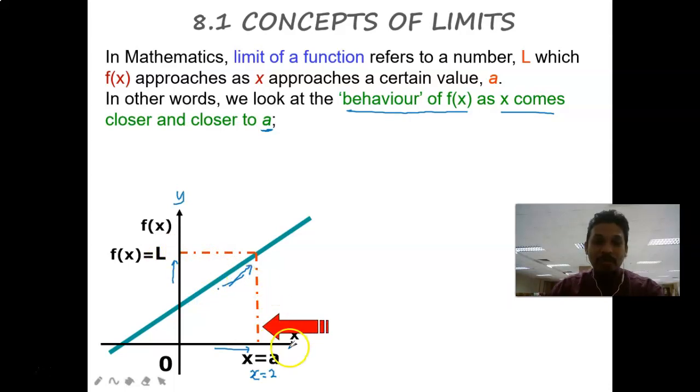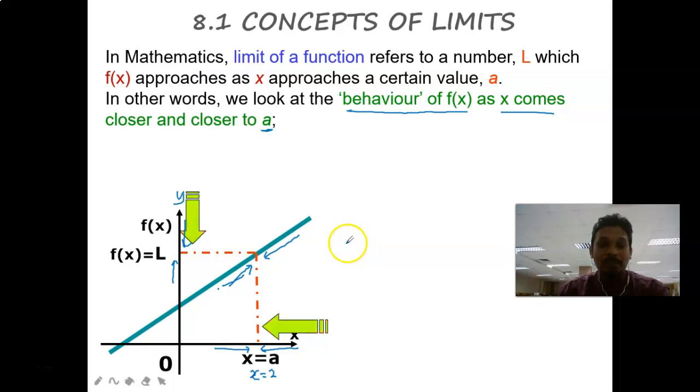Also, when x approaches a from the right, when a equals 2, imagine x is 5, 4, 3, then 2.5, 2.3, 2.1, 2.001, 2.0001, getting closer and closer to a. You can see the graph approaching the value L, and the value of y approaches from above.